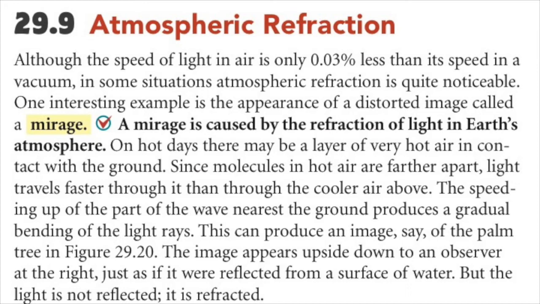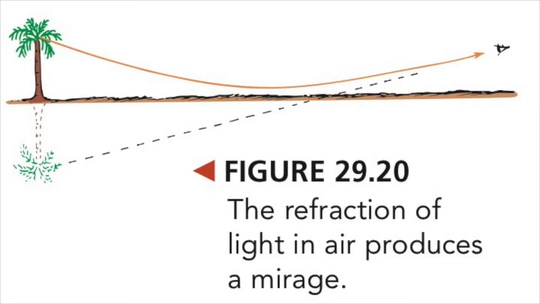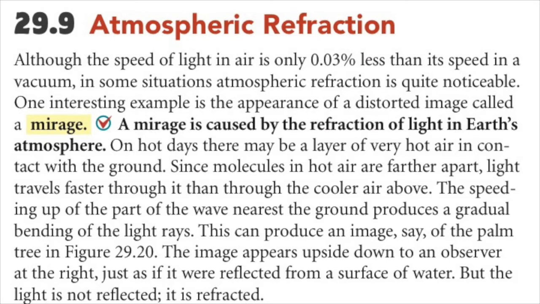This can produce an image, say, of the palm tree in figure 29.20. The image appears upside down to an observer at the right, just as if it were reflected from a surface of water, but the light is not reflected, it is refracted.